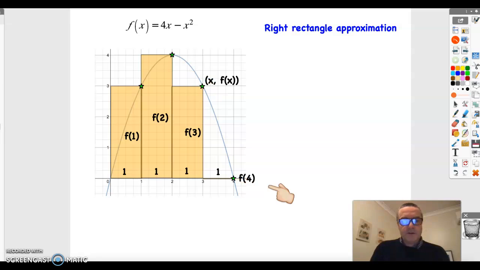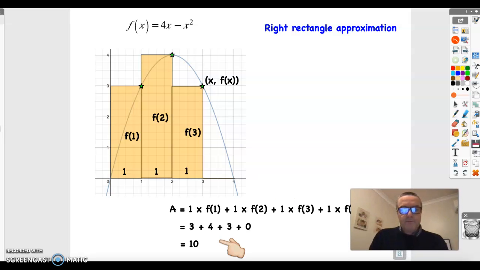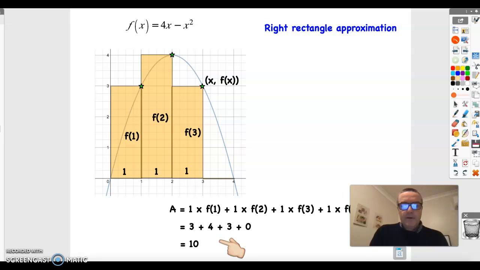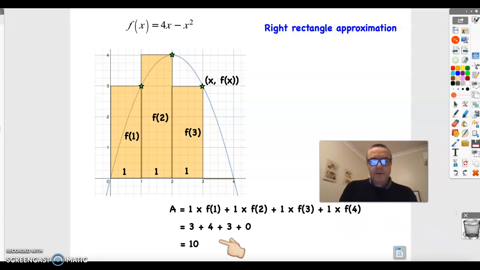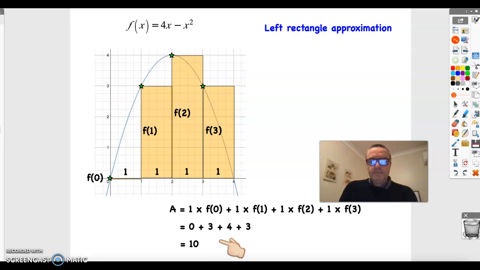So using the function like that, we can compute the approximation for this area. So we've got 3 plus 4 plus 3 plus 0. Just like the method we saw before, that gives us an approximation of 10.